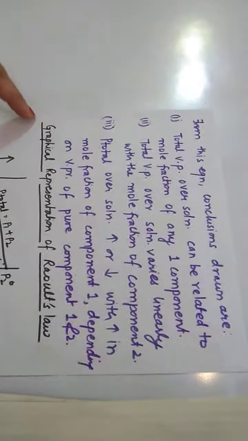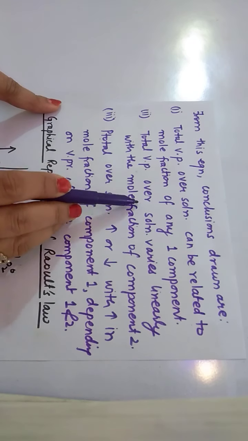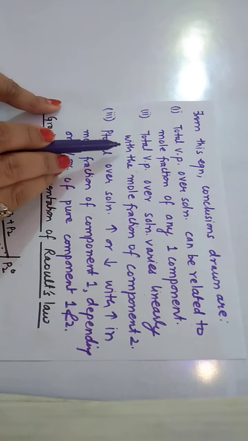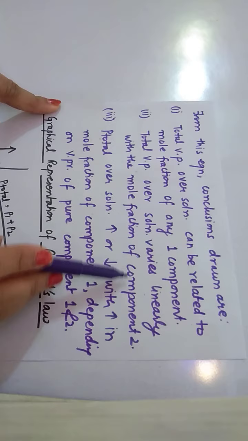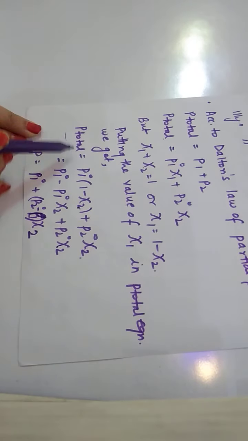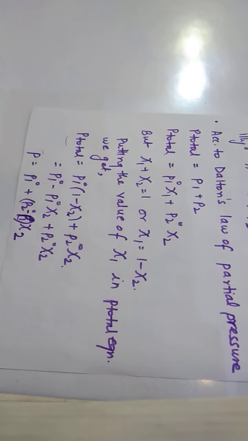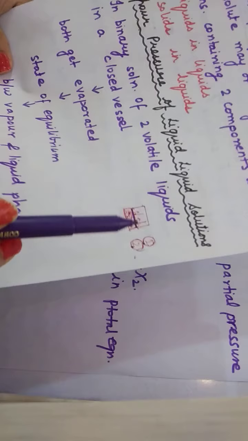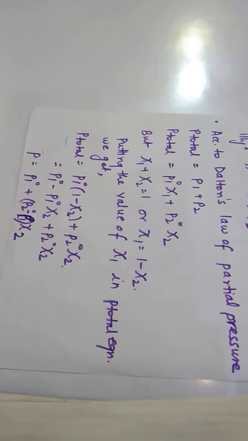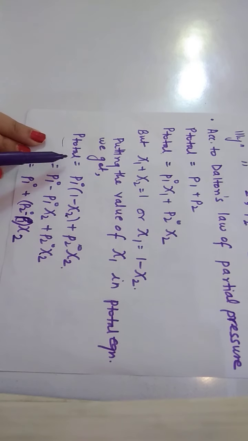Next one. Total vapor pressure over the solution varies linearly with the mole fraction of component 2. Here we have to find the total vapor pressure over this solution. As you can see, total vapor pressure is directly proportional to mole fraction.